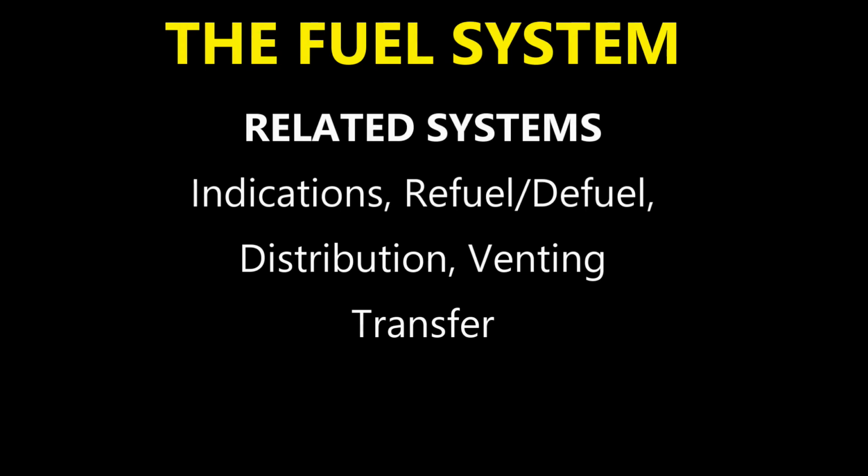The fuel distribution system has different parts to it. We need supply of fuel to the engines. We also need supply of fuel to the APU, and also the refuel defuel system, which we'll get into in just a little bit.